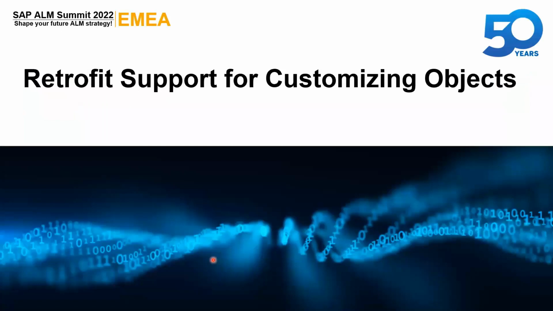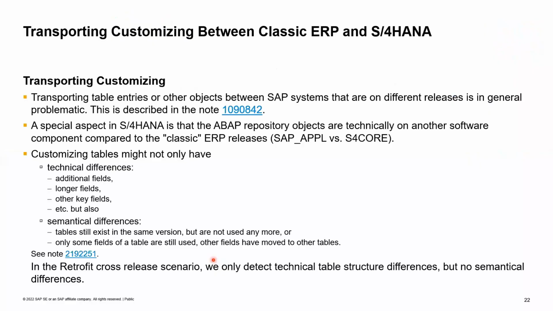As I said, the ATC and the simplification database are only for custom code. But what's going on with the customizing objects? That's the reason why we did the enhancement in addition to the ATC. We have seen during our projects that the S/4HANA repository objects are typically in a different component, so we have SAP_APPL versus S4CORE.